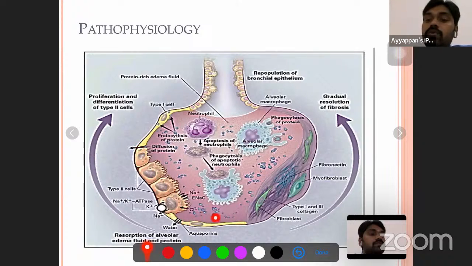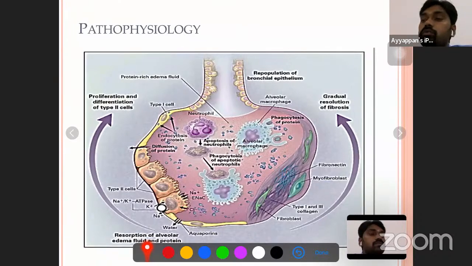And there are aquaporins and water channels which have developed to remove the fluid, and there are fibroblasts and myofibroblasts and the collagen deposition happening here, and there is apoptosis of this debris material. And this is the proliferative phase where the exudates which were there will be actively cleared.